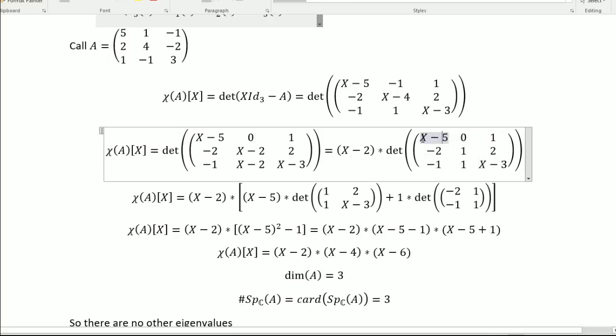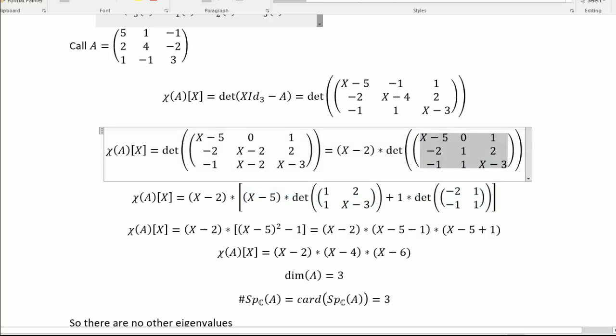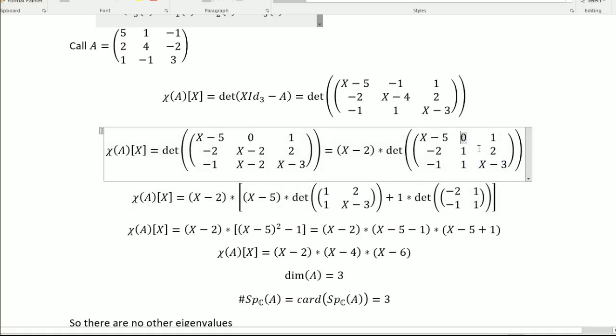So I've got x minus 2 times this bracket, so x minus 5. The x minus 5 is times the determinant of this matrix here, plus 0 times another determinant, plus 1 times this determinant here.